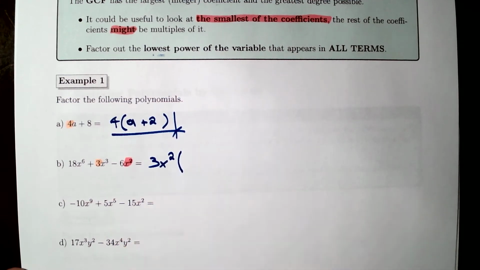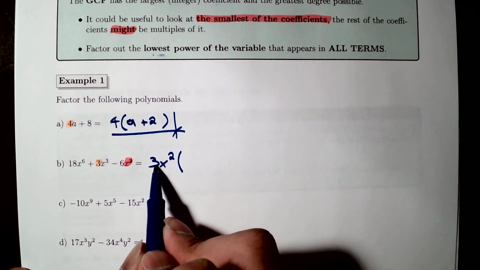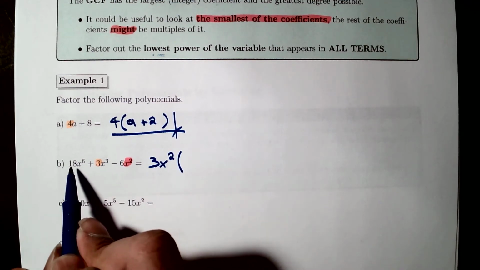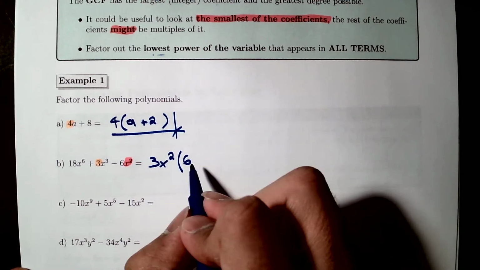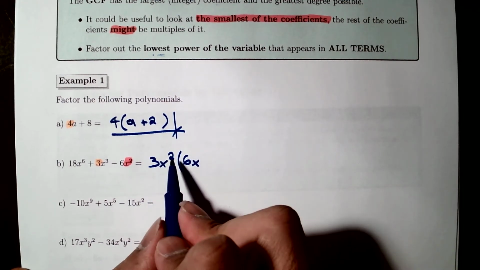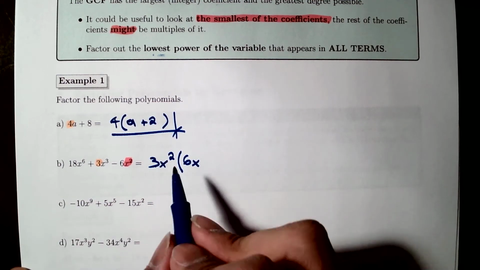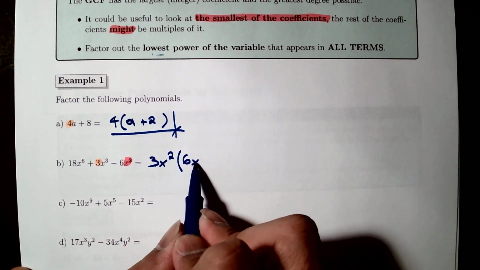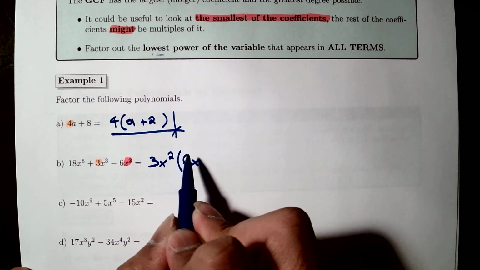Now we're going to open parentheses, and we ask ourselves, 3 times what number equals 18? In this case, 6. Now for the power of x, x squared times x to what power equals x to the 6th? Keep in mind that when we multiply variables, we add the exponents.